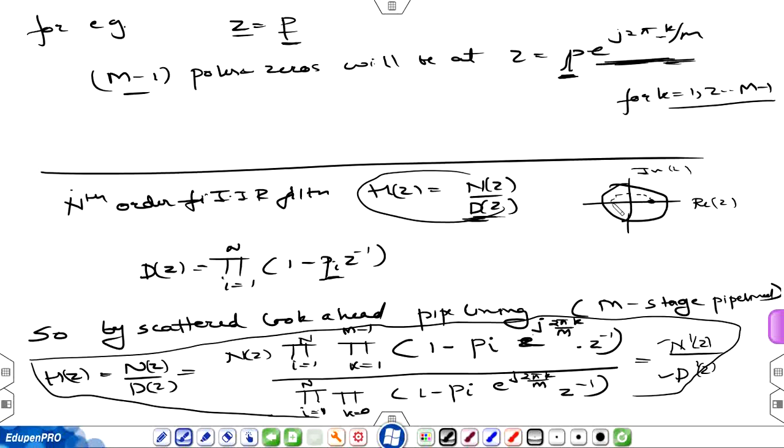Okay, so like this in this radius. So this filter is stable, unlike in a clustered look ahead pipelining where stability was not guaranteed. So here stability is guaranteed. Okay, so as p_i would have been less than 1, stability is guaranteed.